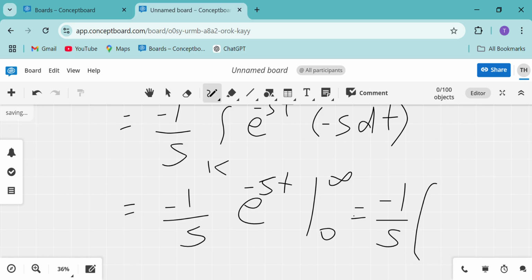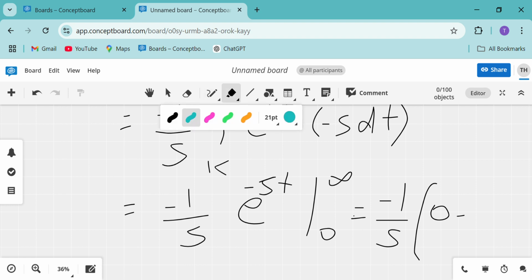First, when we use infinity, this will become 0, and when I use the lower limit, this is not 0, this is k.